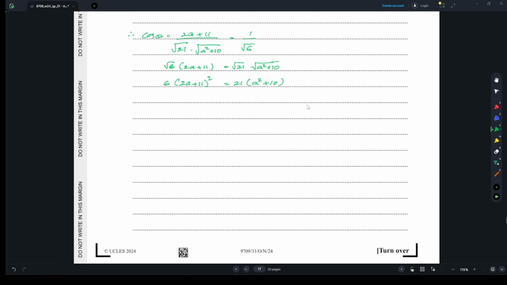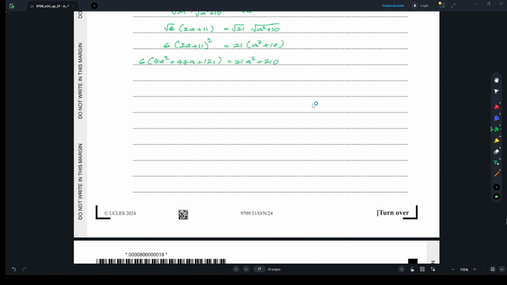Okay. And so now you can simplify those. So here A squared plus 44A plus 121. Here 21A squared plus 210.